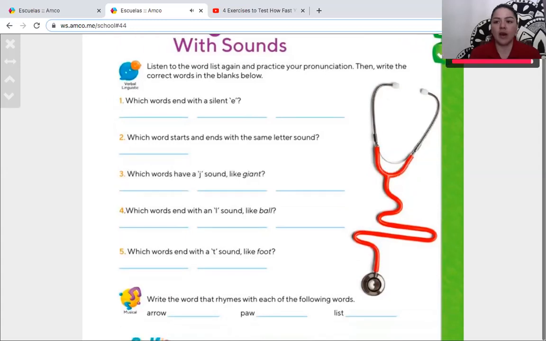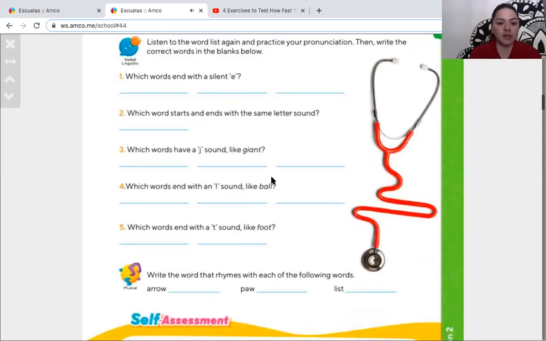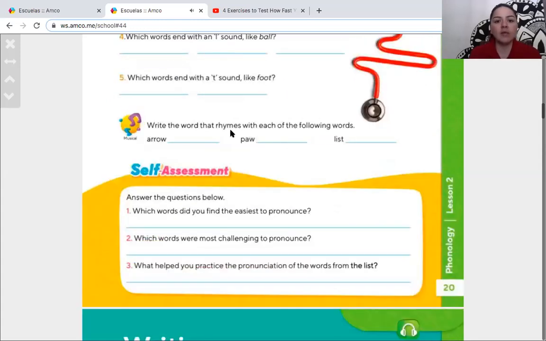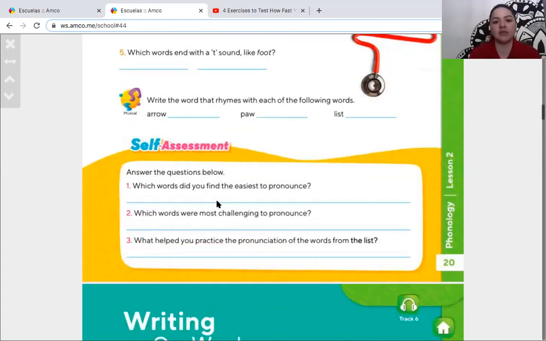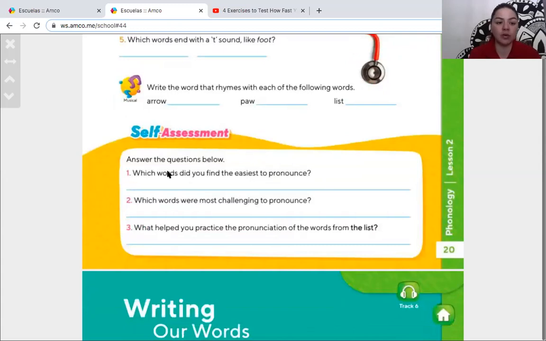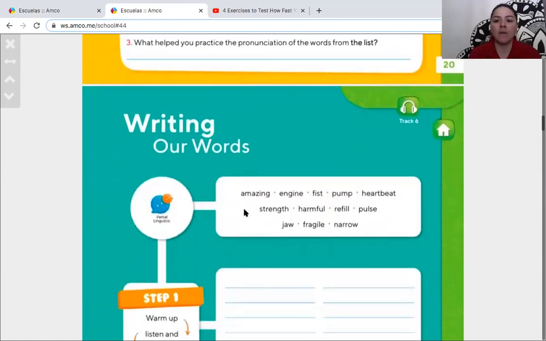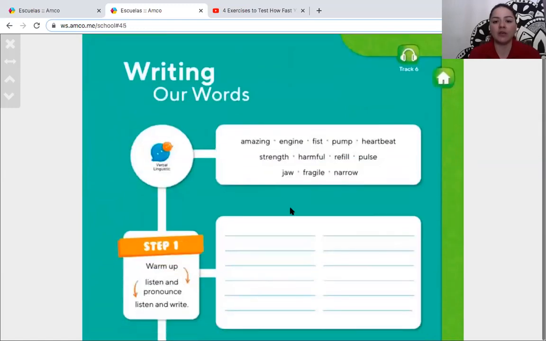Okay, there you go. Now, the next activity on this page says, write the word that rhymes with each of the following words. For example, what rhymes with list? Well, fist. Okay, now self-assessment. Remember to answer these questions honestly, okay? Now, again, writing our words.